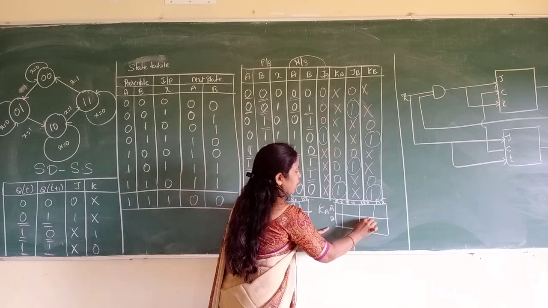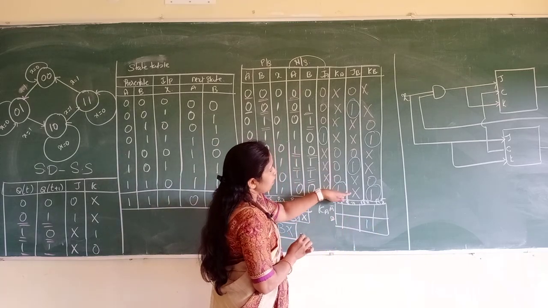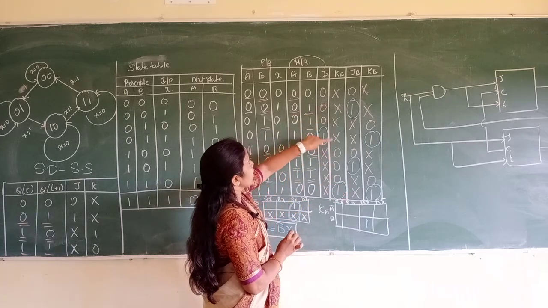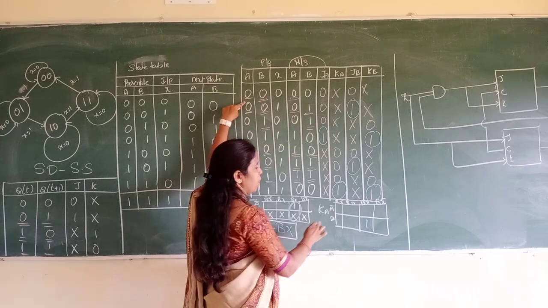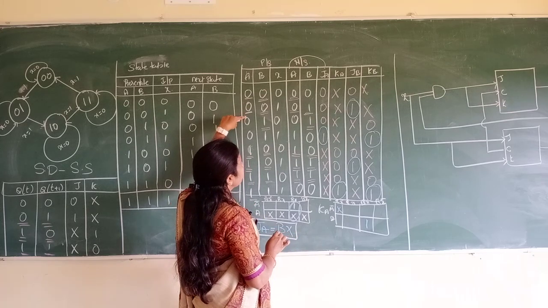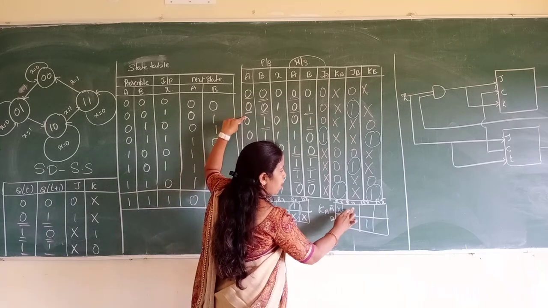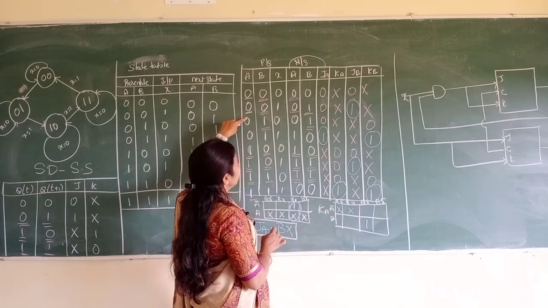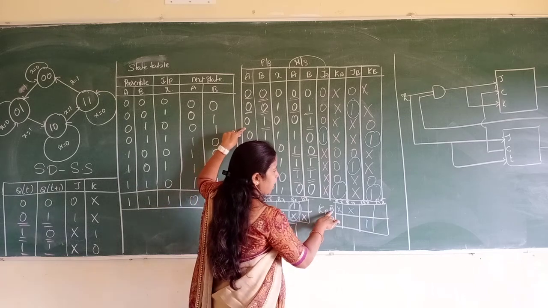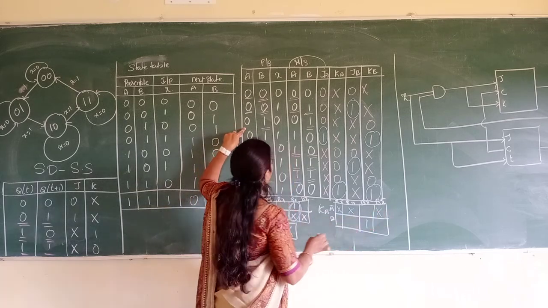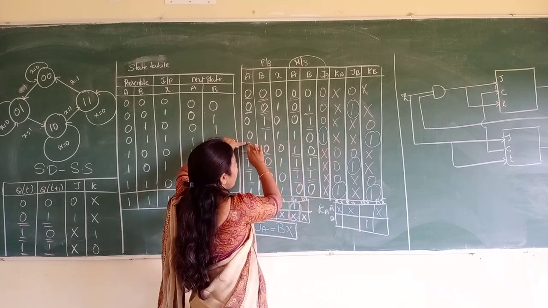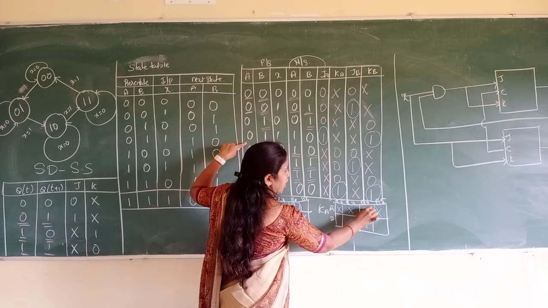Now where you have X's, KA has 4 places with X's: A bar, B bar, X bar; second, A bar, B bar, X; third, A bar, B, X bar; next, A bar, B, X.